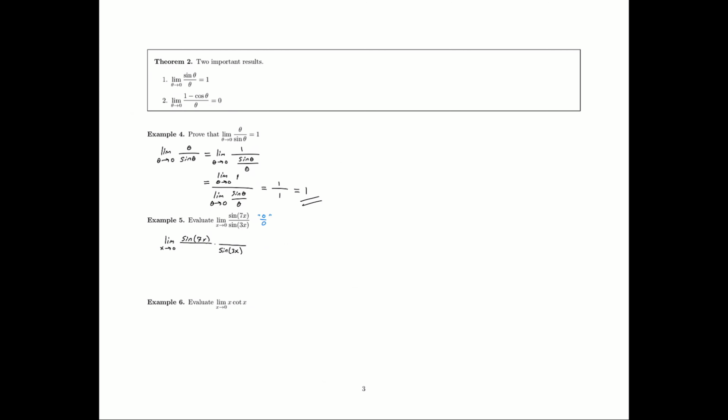In order to use these limit results up here from Theorem 2, we have to have things perfectly matching. This is saying whatever we're taking the sine of, that same thing has to be in the bottom. And that's the thing that has to go to 0. Here we have the sine of 7x. That means I need a 7x in the bottom.